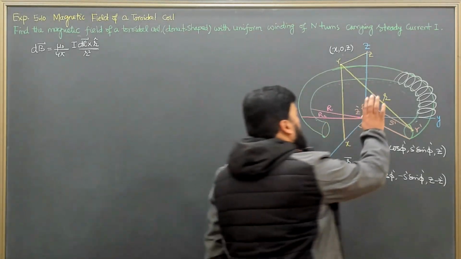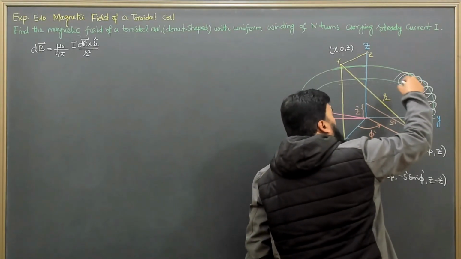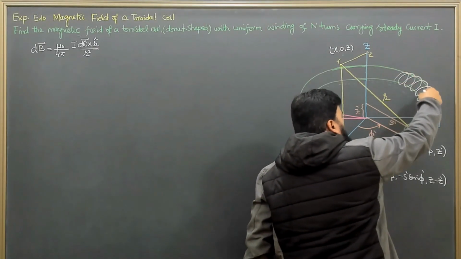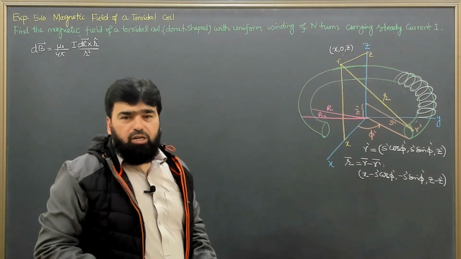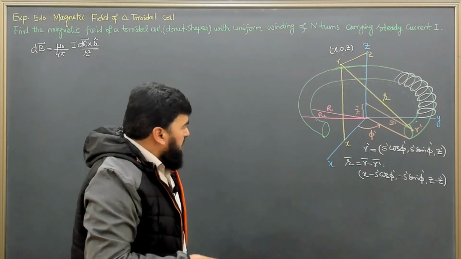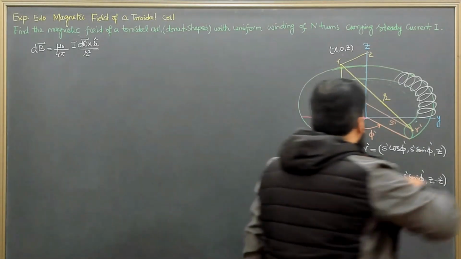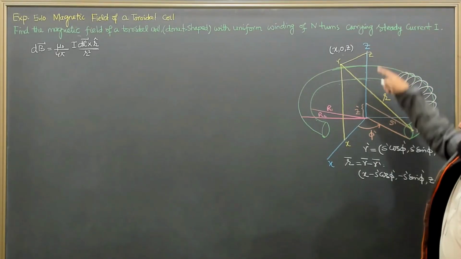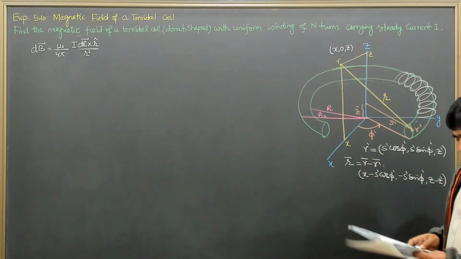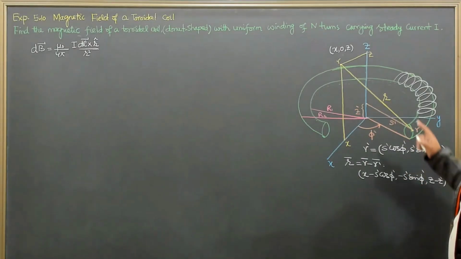Now, the current is going this way, so the field is basically going along the azimuthal direction. There are components of this current: there are axial components as well as radial components.